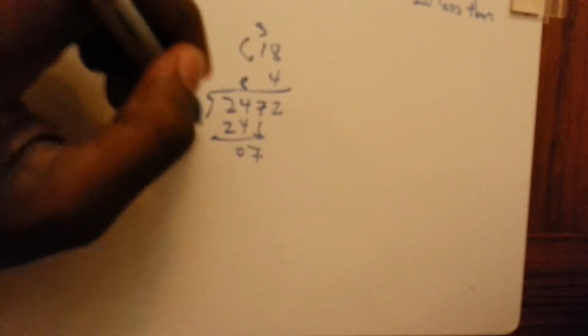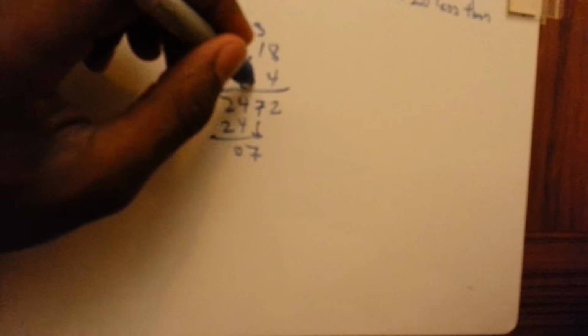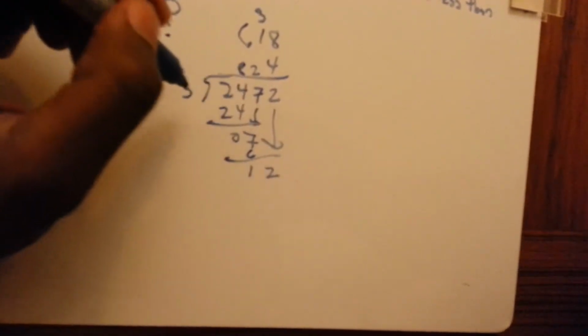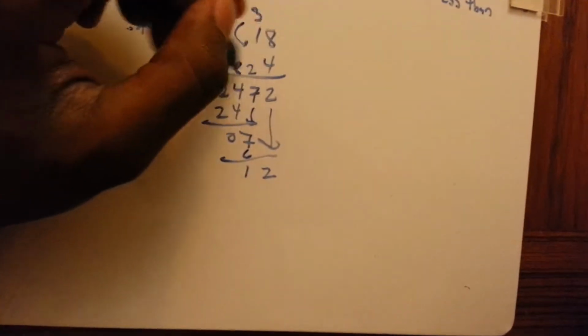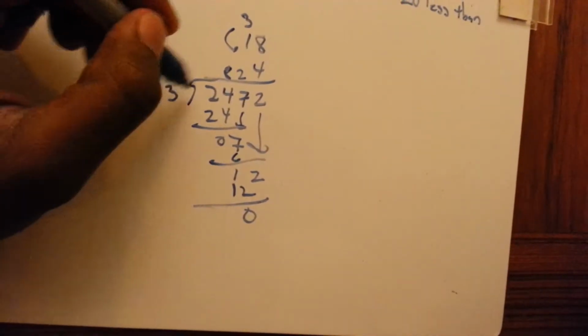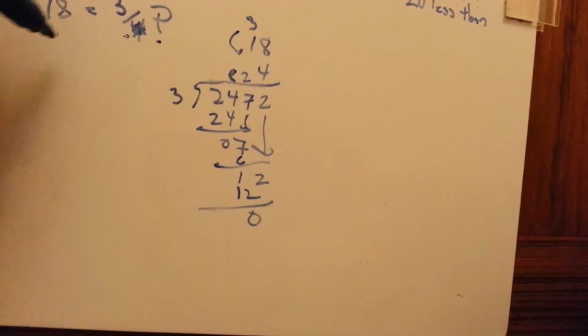Bring down the 7. 3 goes into 7 2 times. 3 times 2 is 6. Have 1 left over. Bring down the 2. 3 goes into 12 4 times. And that's 12, no remainder, 824.